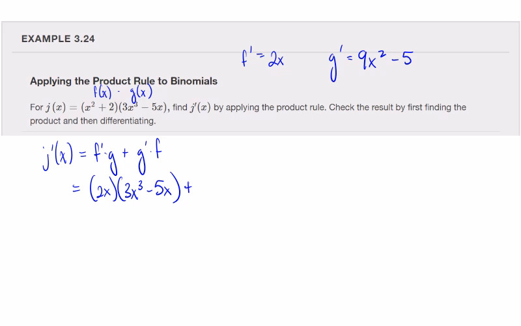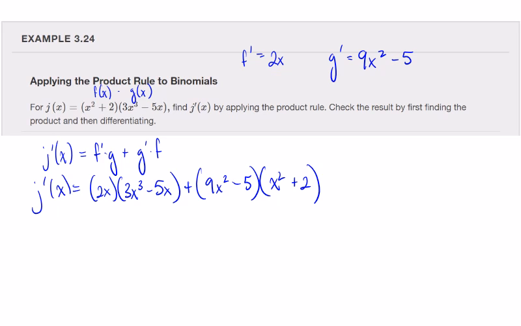And then plus, and now I need g prime, which is this. Okay? And then times f, which is this. Okay? So that's it. And that's really the answer.